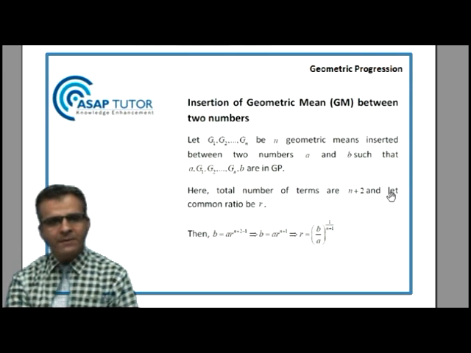And if we have the common ratio equal to r, then b will be equal to a times r raised to the power n plus 2 minus 1 using the nth term formula, and solving it we get r is equal to (b by a) raised to the power 1 over n plus 1. So this is the formula for finding the common ratio whenever we have two numbers a and b, and we insert n geometric means.